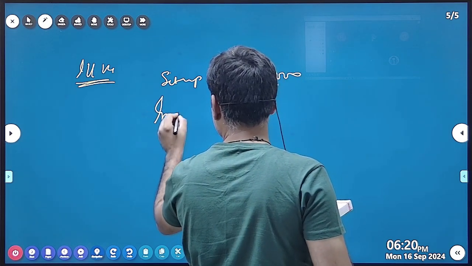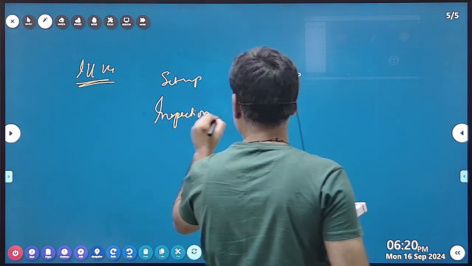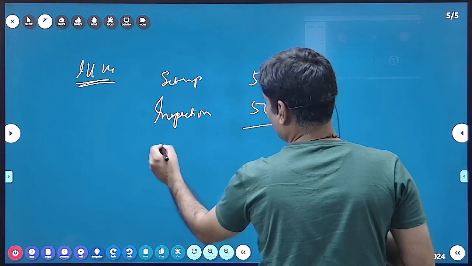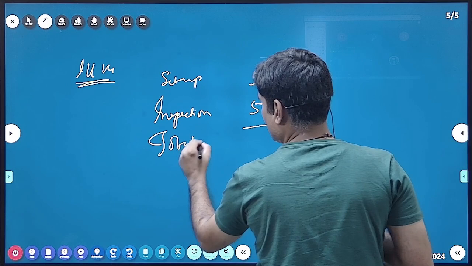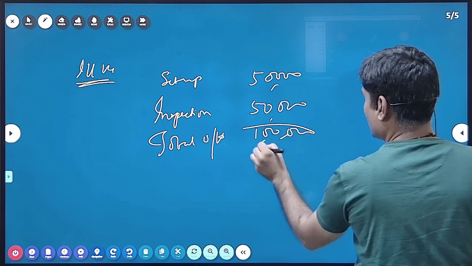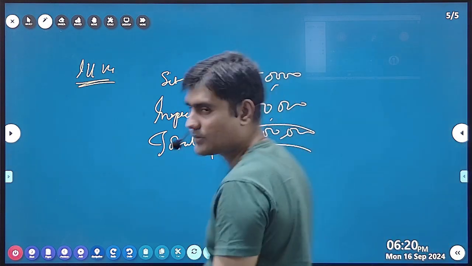Inspection will be how much? 50,000. Total overhead is 1 lakh, right? This is what the question is trying to say.